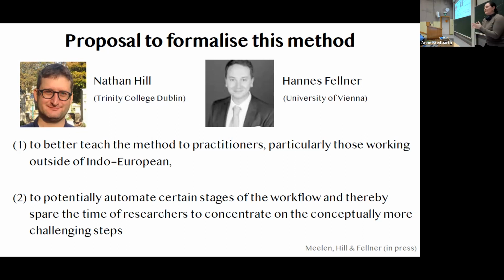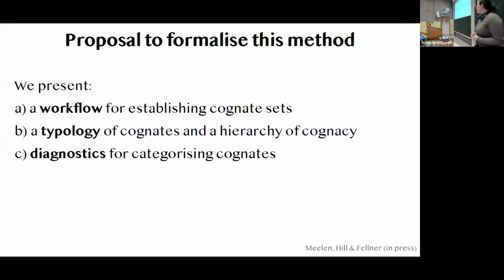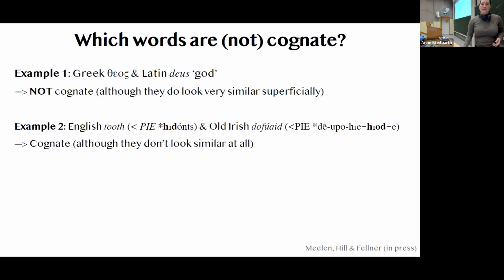If we could automate certain stages of the workflow, that would save a lot of time, and then the researchers could spend that time on things that only researchers can do and computers can't. So what we do is we present three things. First, a workflow for establishing cognate sets, then a typology of cognates and a hierarchy of cognacy, and then finally some diagnostics for categorizing cognates.